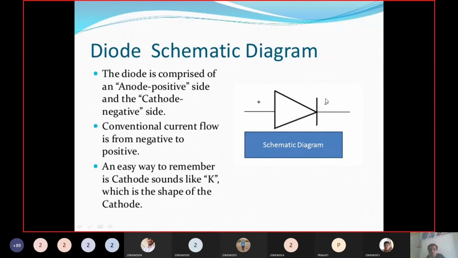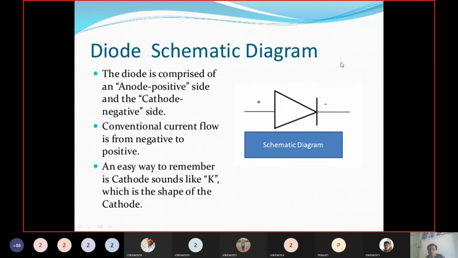How to remember this: the word cathode is pronounced like a K, it starts like a K, and this symbol is the opposite of the K. So just remember, cathode reflects a K. That's why we call this the cathode and this the anode. The P region is where positive holes are present, so that acts as the anode. In the N region, the charge carriers are electrons.